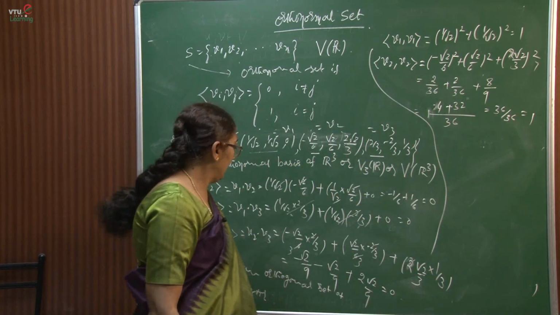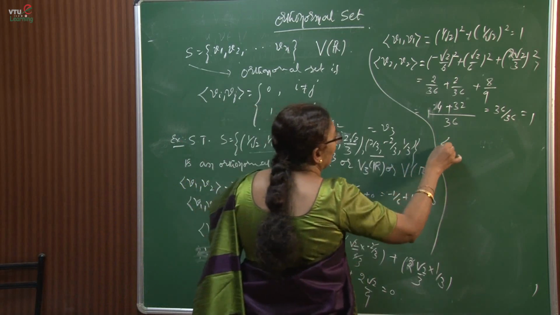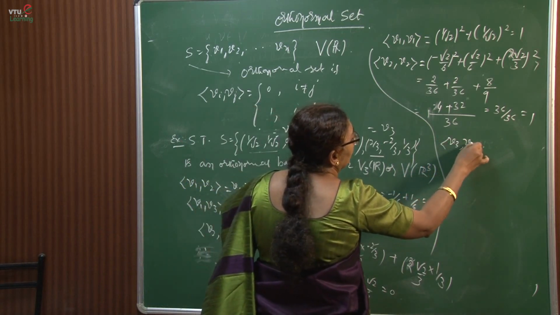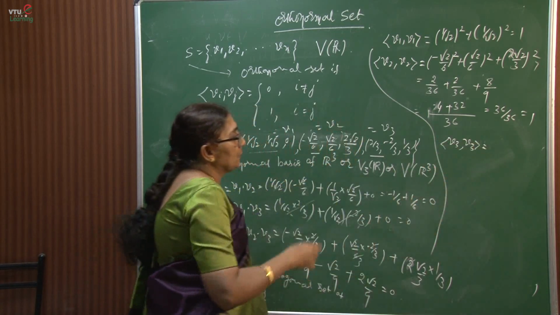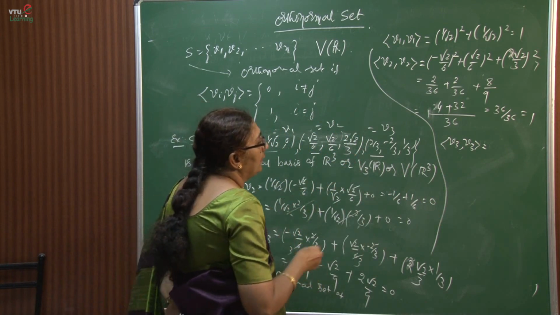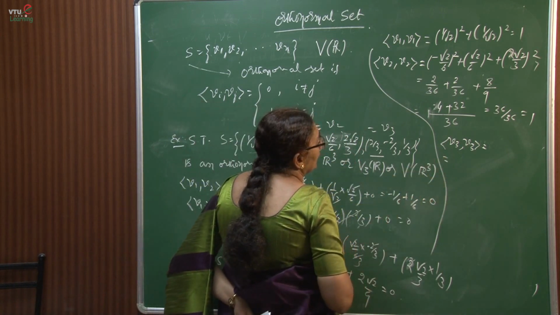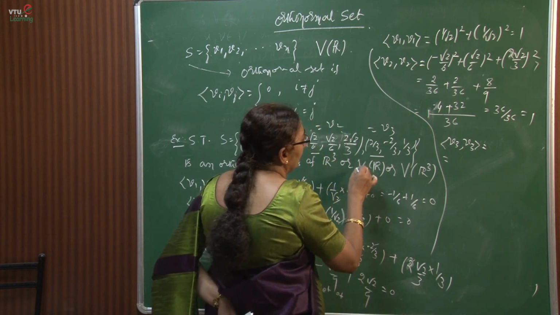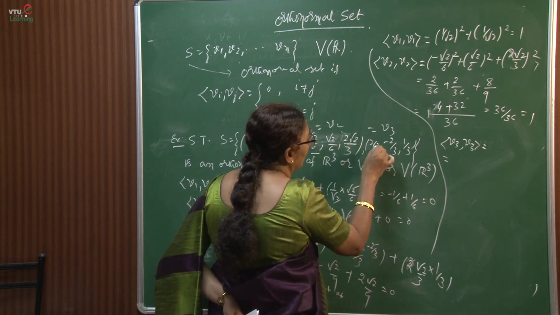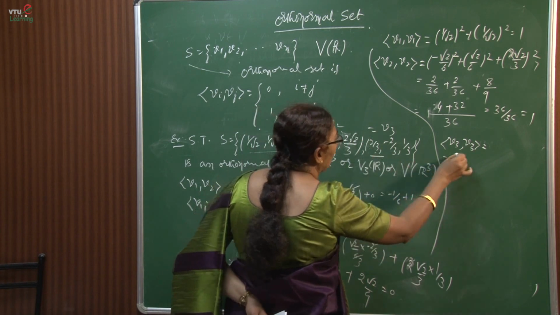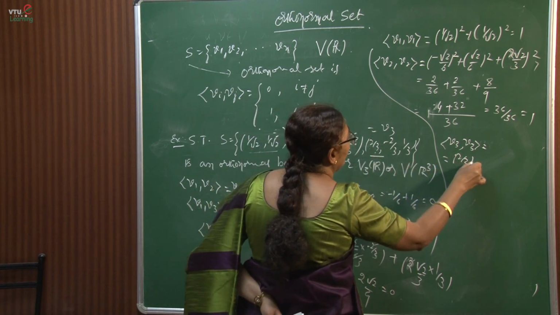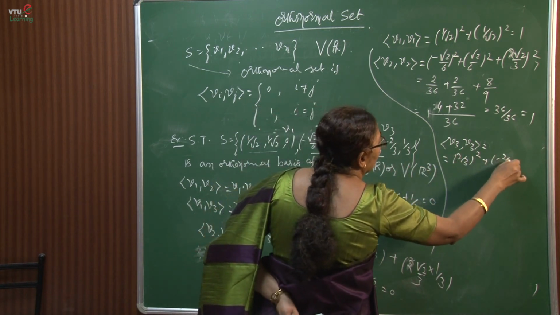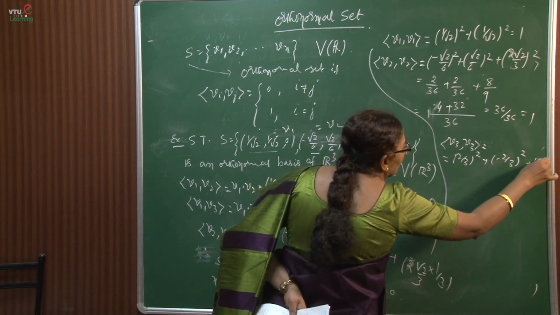Similarly, I calculate inner product of V3 comma V3. What is inner product of V3 comma V3? Square of each of the values. Now inner product of this means 2 by 3 whole square. What is 2 by 3 whole square? Minus 2 by 3 whole square plus 1 by 3 whole square.